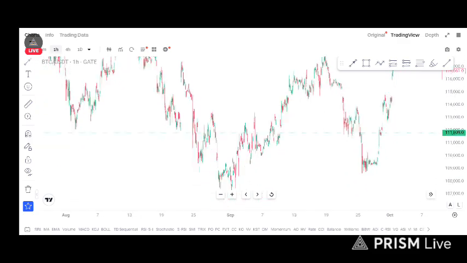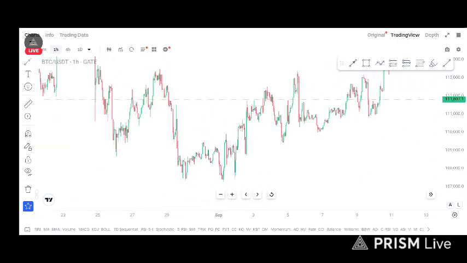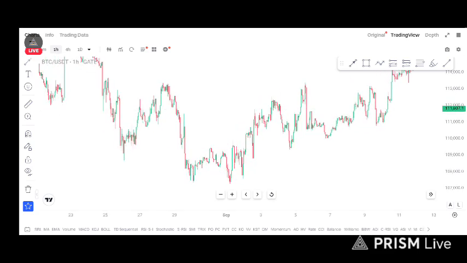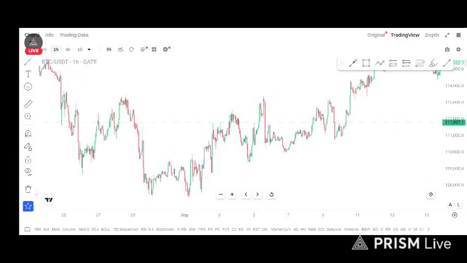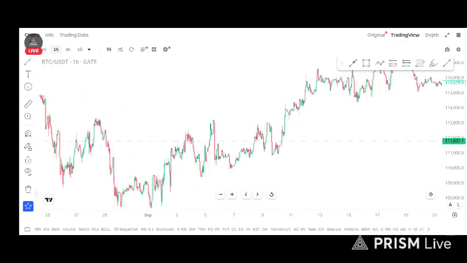Now let's work with this uptrend we are seeing here. Why do we call this an uptrend? Zoom out.